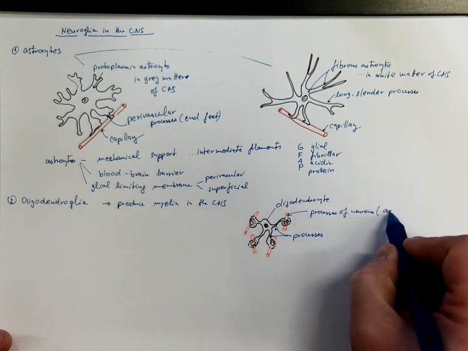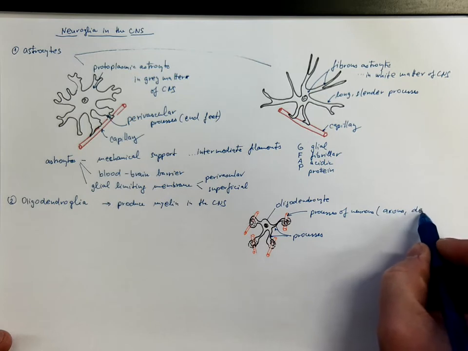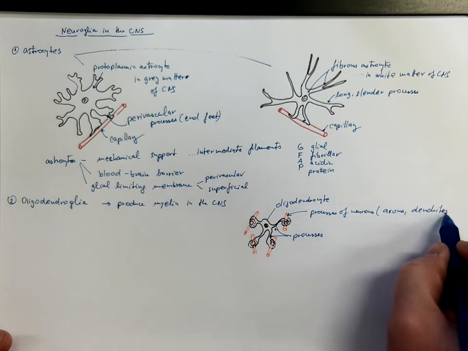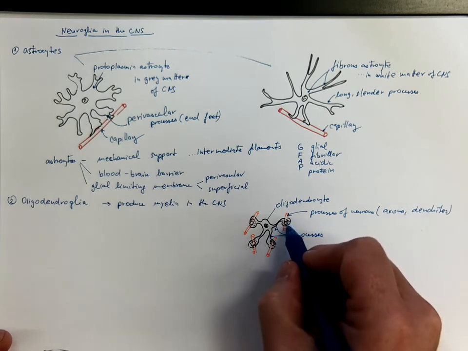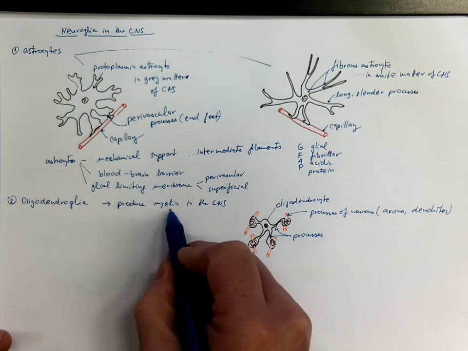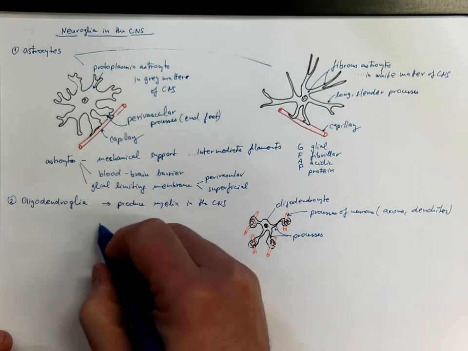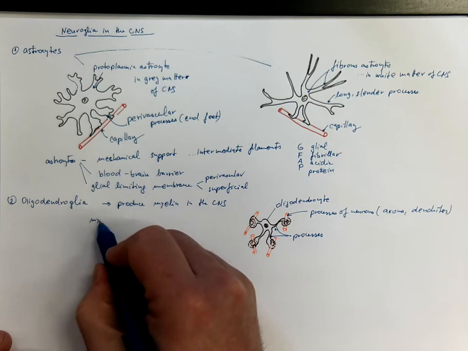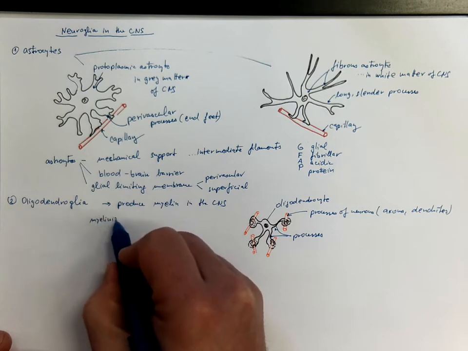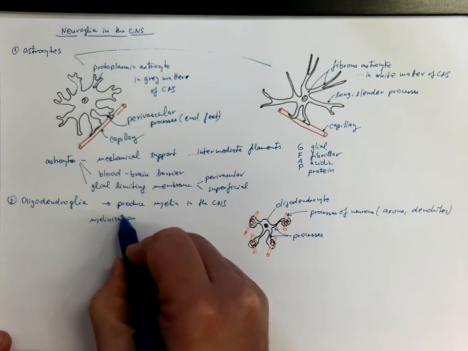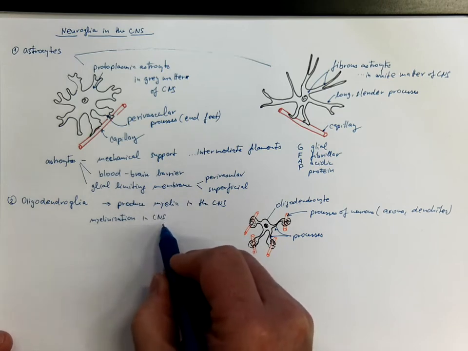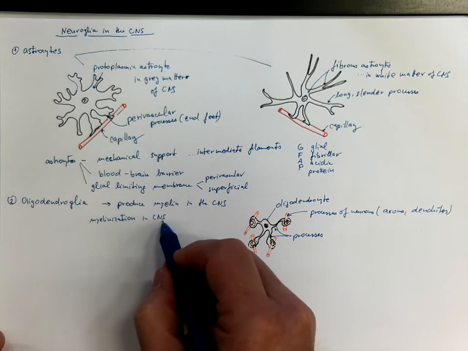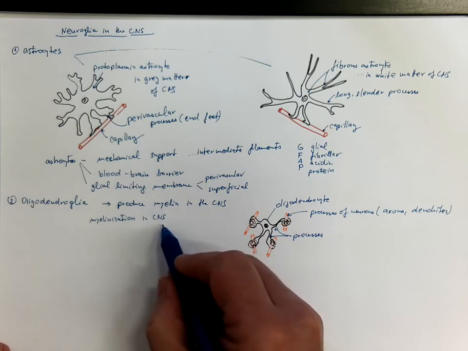So axons, dendrites, and the inner layers of these processes are producing the myelin. Myelinization in the central nervous system is a necessary condition for some circuits in the CNS to work.